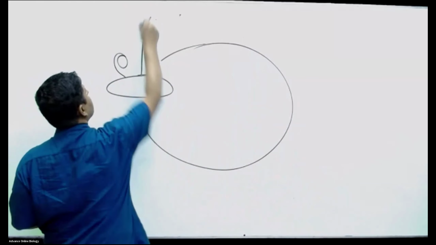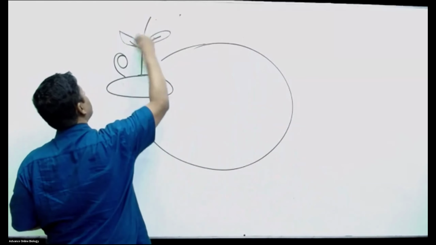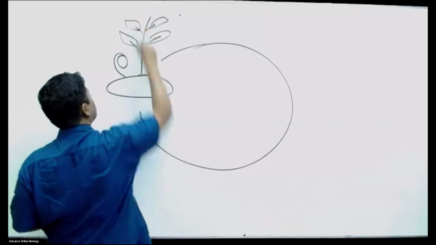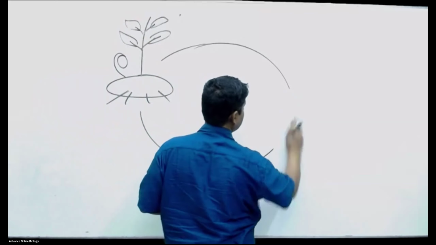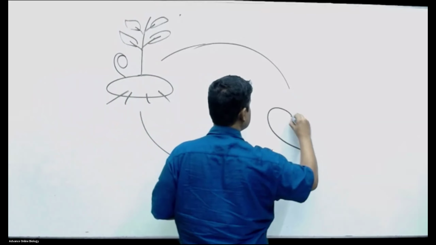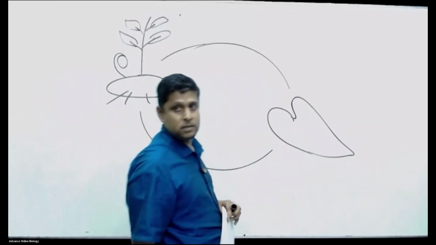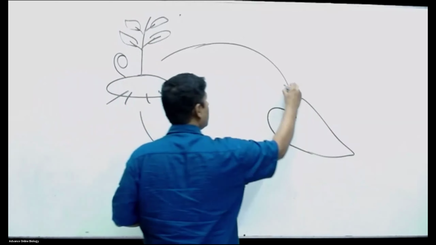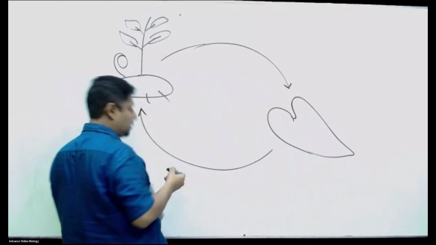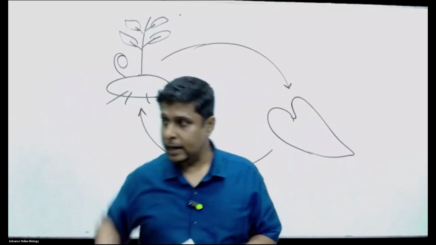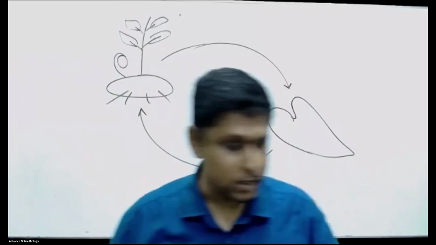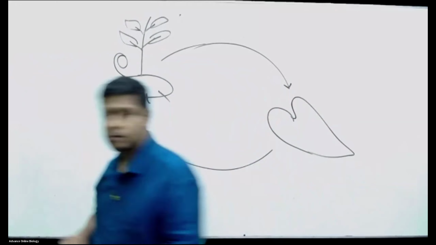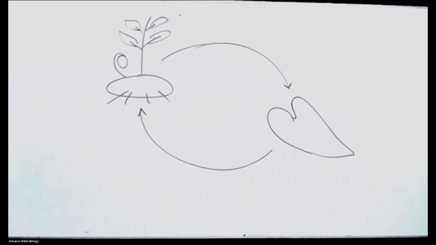The other stage is the gametophyte. Gametophyte becomes sporophyte, sporophyte becomes gametophyte, so they alternate in the life cycle. This is alternation of generation.